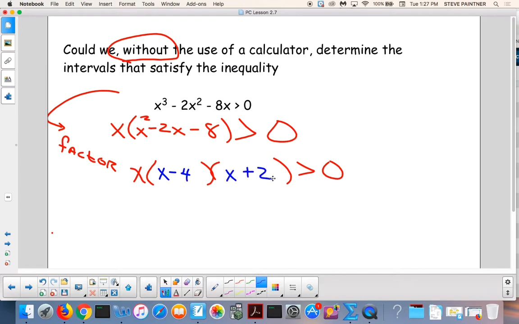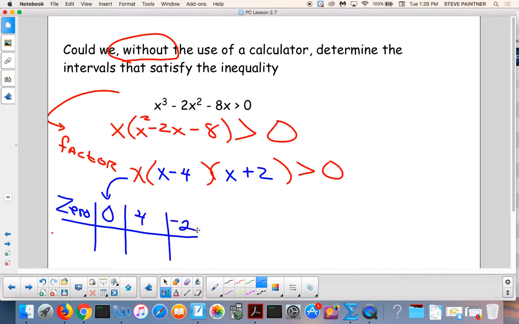So right there, guys, you just found what? 3 factors, which means 3 zeros. They are what? 0, 4, negative 2, got it. Why do you think I made this little table? I'm also going to ask you this.